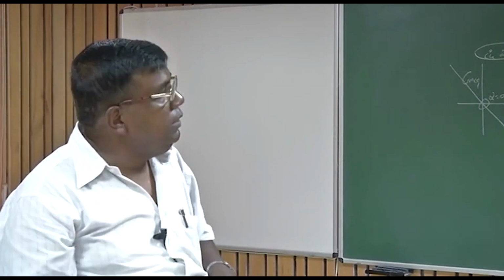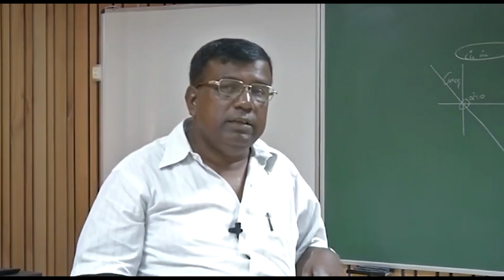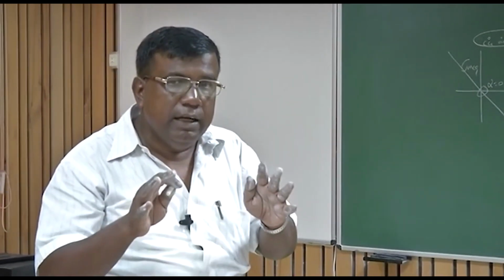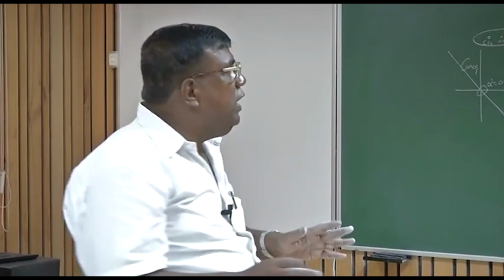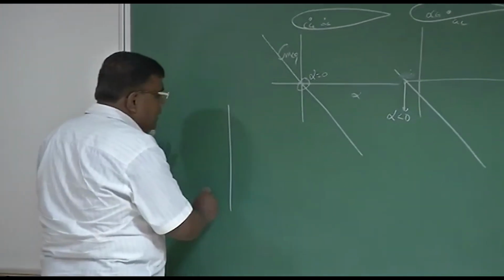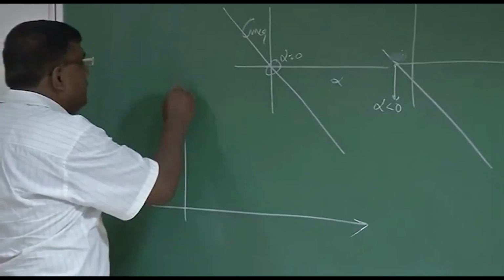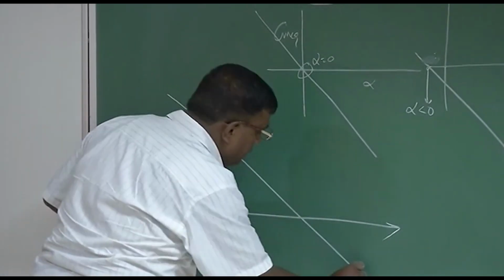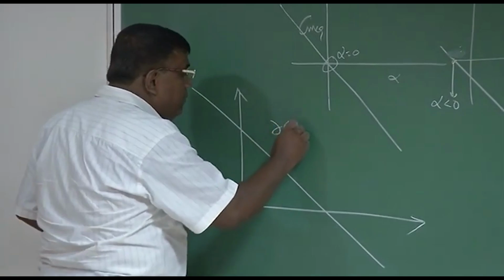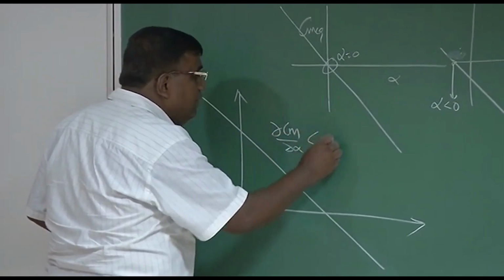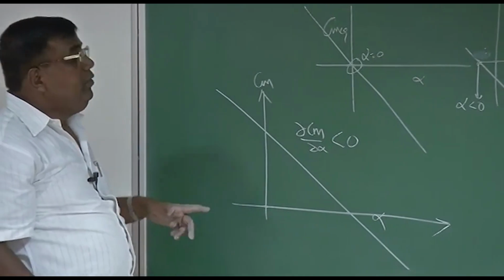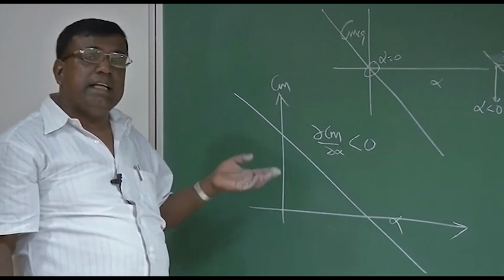But please understand, whether it is a flat plate, whether it is a wing alone configuration, the basic understanding is clear that if we want to trim an airplane, fly an object or lifting object which is stable, then dCm by d alpha, the slope of this line Cm versus alpha, should be negative. If it is negative, then it is statically stable.